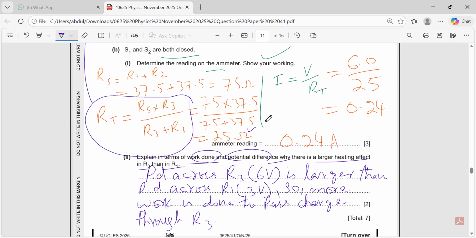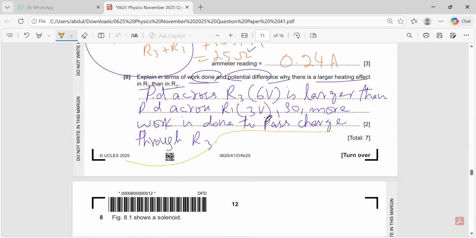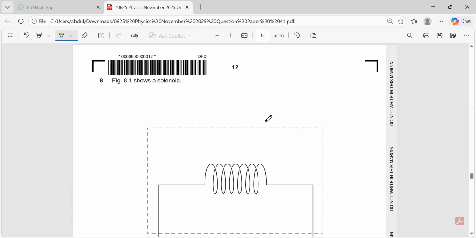Why? Because see, what is voltage? My dear friends, this is a very unique question, mashallah. So voltage is equal to work done per unit charge. So if voltage is 6 volt, it means it will be 6 joules per coulomb charge. So as the voltage is more, the work done is also more per unit charge. But if it is 3 volts, it will be 3 joules per coulomb charge. So that's why I have written that more work is done to pass the charge through R3 and the heating effect is more. So you can rewatch the video in case of any doubt. Please feel free. You can ask me again.